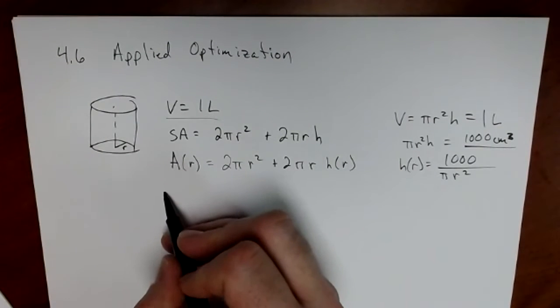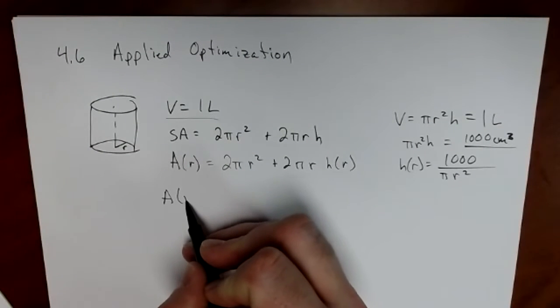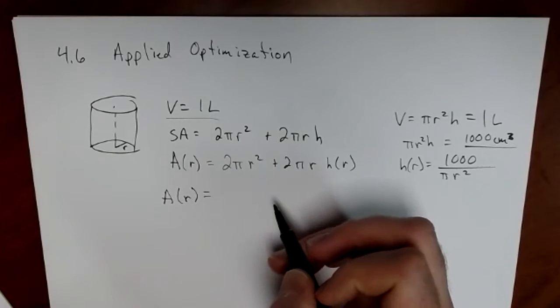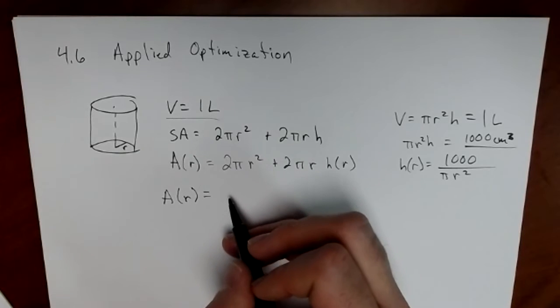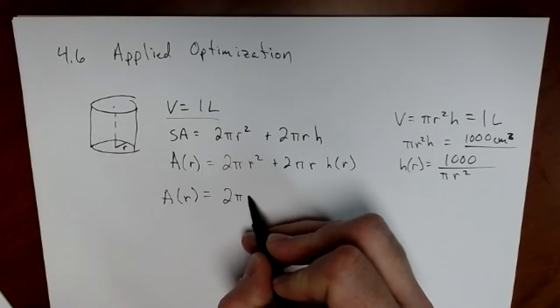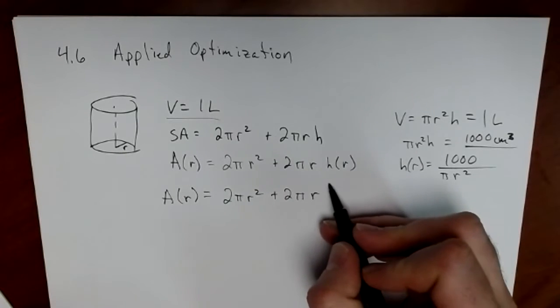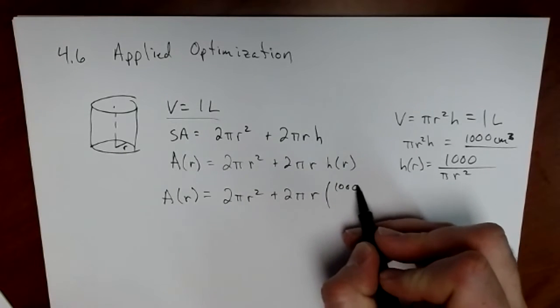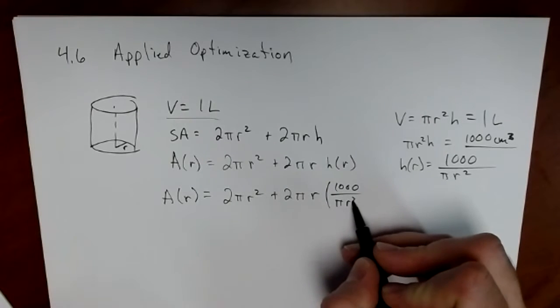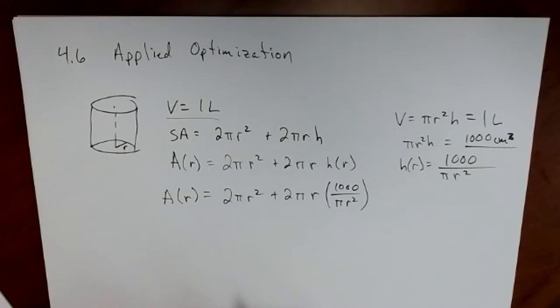So we can take and plug that back into here. We had a 2-variable equation that we wanted to maximize, or actually minimize in this case. And now we have a 1-variable equation. Our only variable is r.